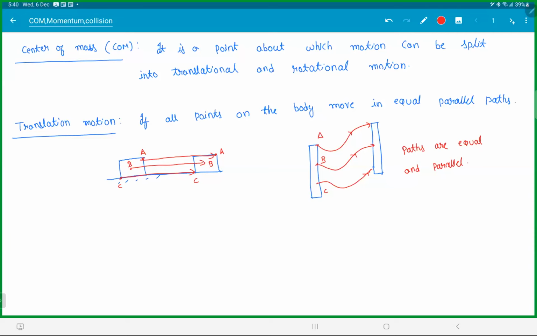So when you say translation motion, if all the points on the body move in equal parallel paths, we say the body is in translation. Then what's rotation?